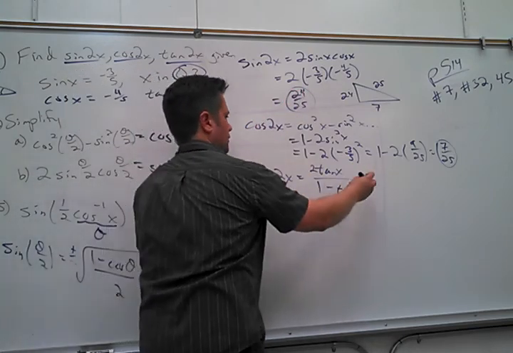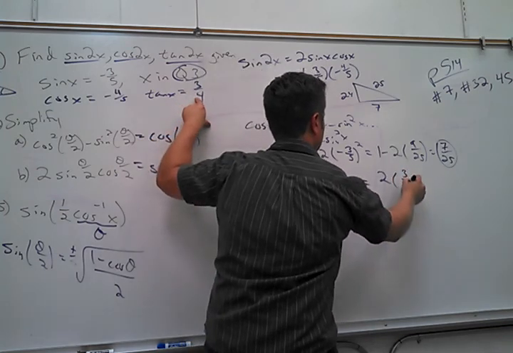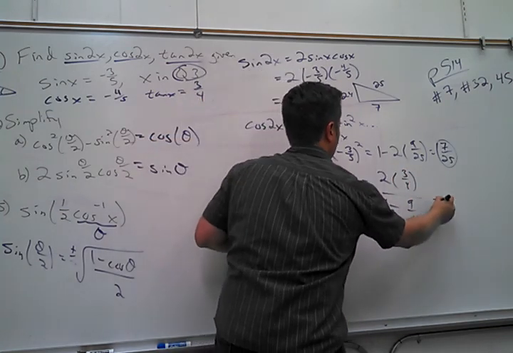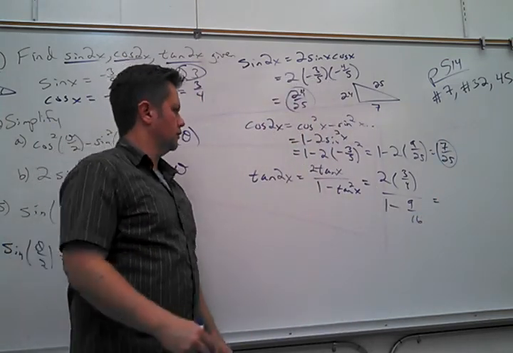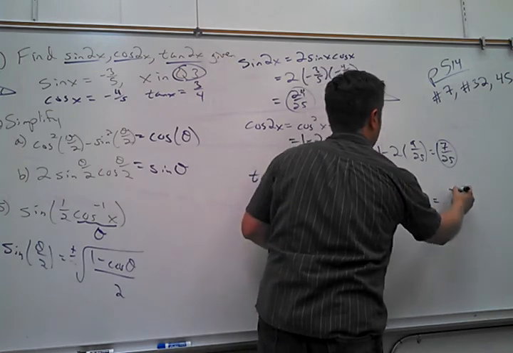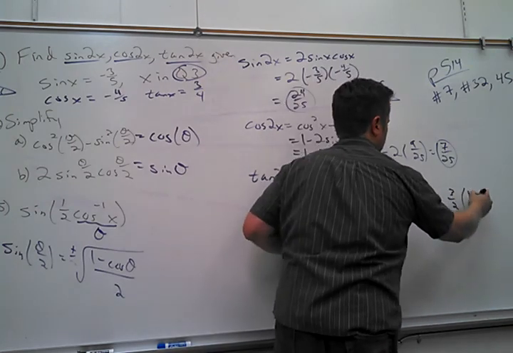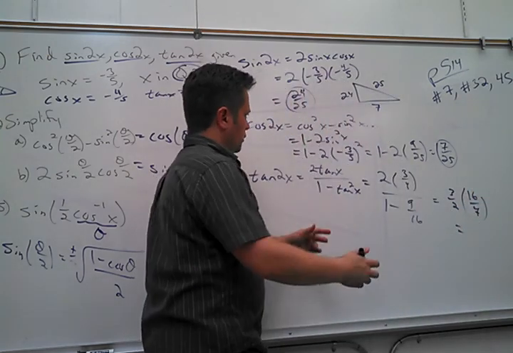Is that what we get doing this? Let's see, twice tangent was 3/4 over 1 minus 3/4 squared. Oh boy. So I get 6/4, I get 3/2 over 7/16. So I get 24/7.